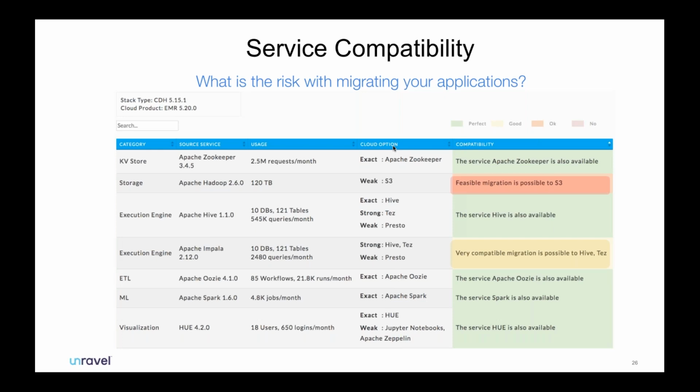The simplest one that almost everyone is going to have to deal with is what to do with storage, or like the things that are at the bottom of the stack. So with storage, you've got a ton of different options out there. Traditionally, if you're using HDFS, then you can migrate to say Amazon S3 or Microsoft ADLS Gen 1 or Gen 2, and each one of these things has different properties.